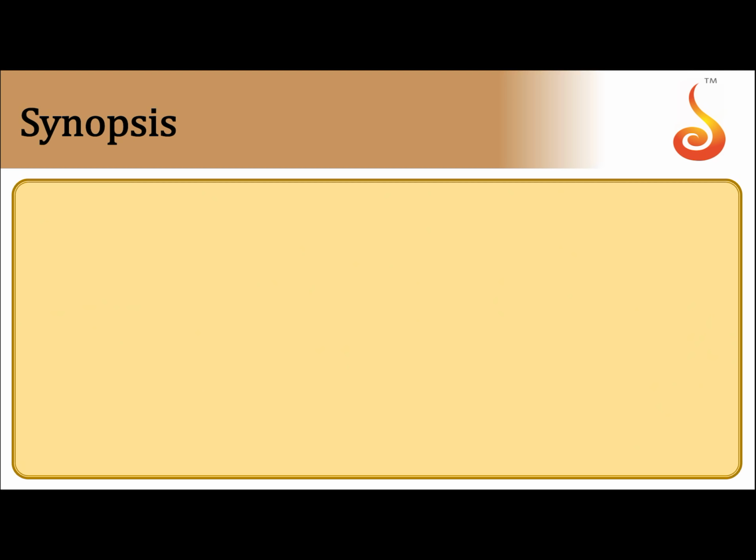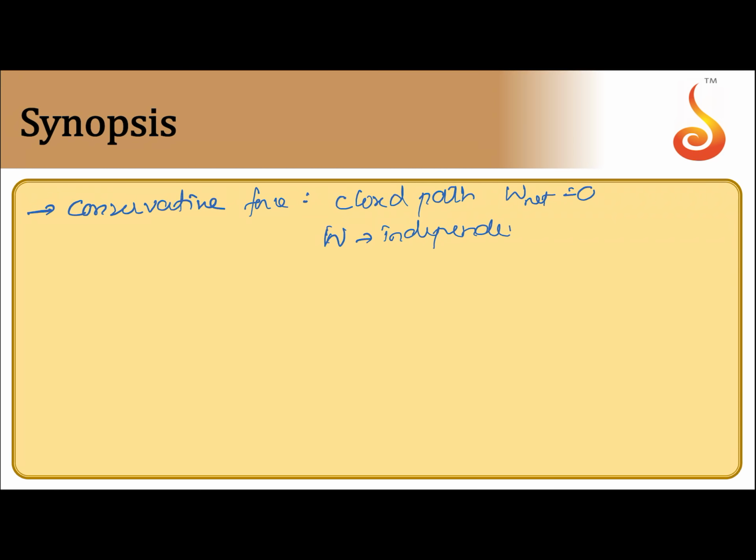Here are a couple of important points to keep in mind. Suppose I consider work done by a conservative force. In the case of a conservative force, over a closed path, the net work done is equal to 0. Work done is independent of the path chosen.